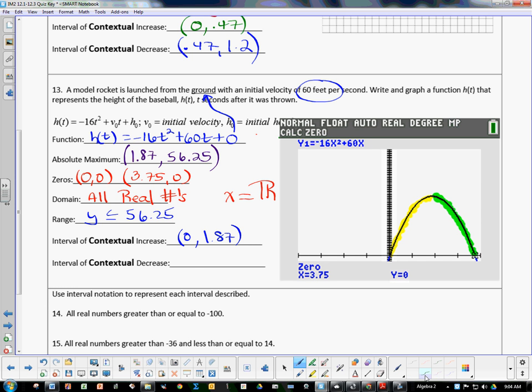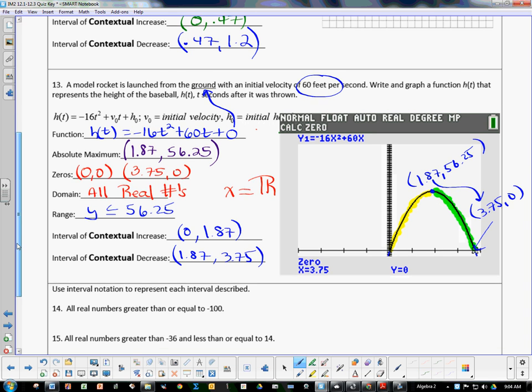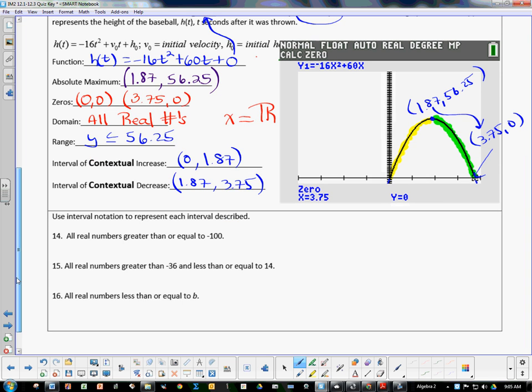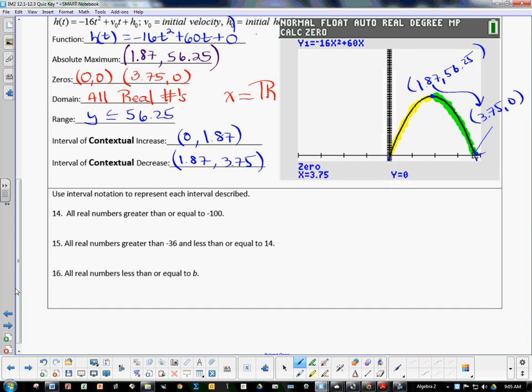So we've got 1.87, and that's because this point right here is 1.87, comma 56.25, and this point right here is 3.75, comma 0. So it's going to be from this to this. Good.